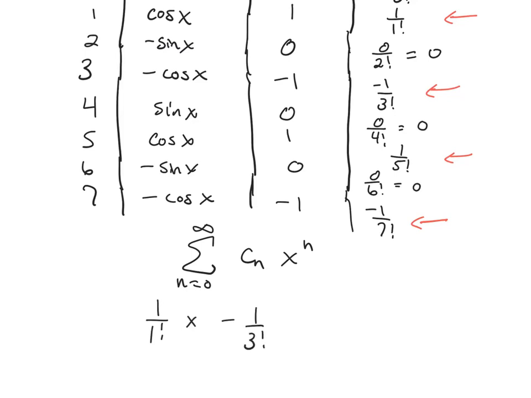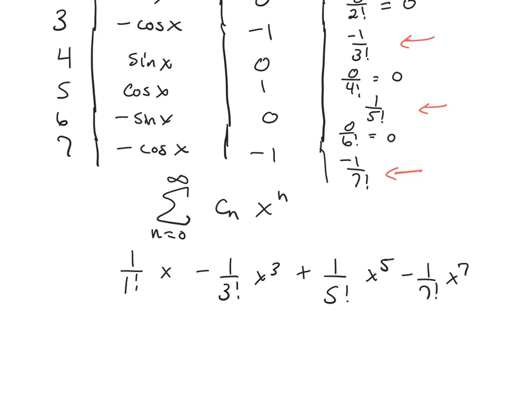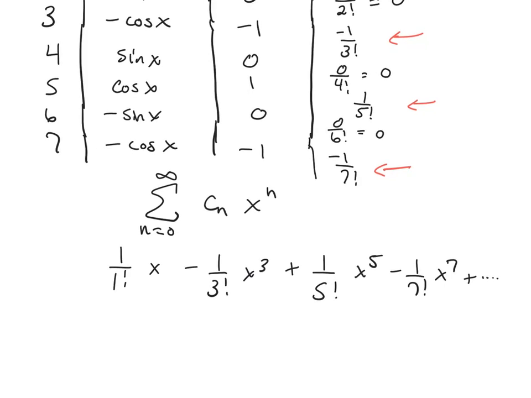Minus 1 over 3 factorial x cubed, plus 1 over 5 factorial x to the 5th, and then a minus 1 over 7 factorial x to the 7th, plus dot dot dot. I think we finally have enough terms now. We can see what's going on.